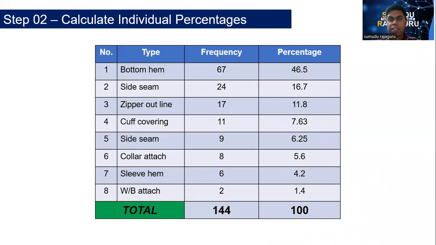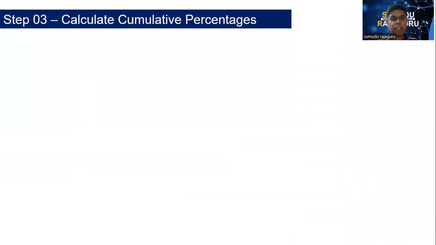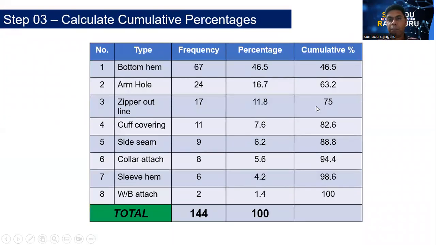We discussed two steps. The first step is to arrange the data set in descending order. Then we calculate individual percentages. Step number 3: what is step number 3? Calculate the cumulative percentage.